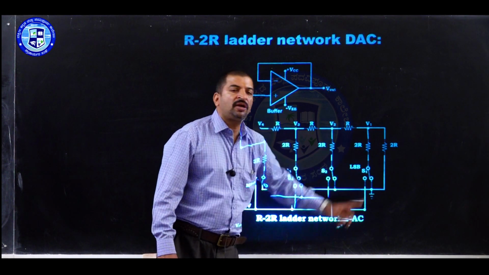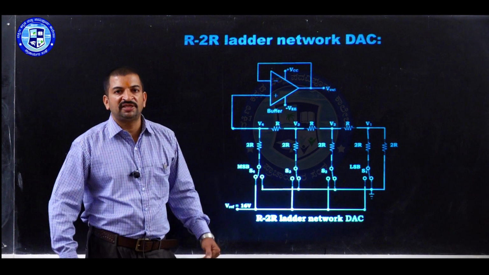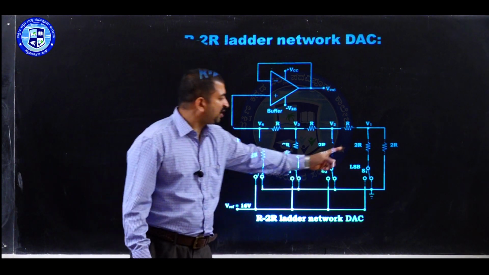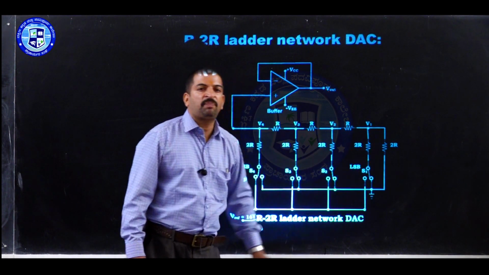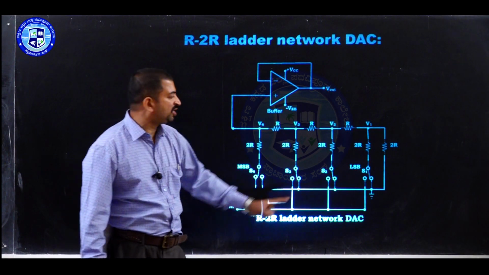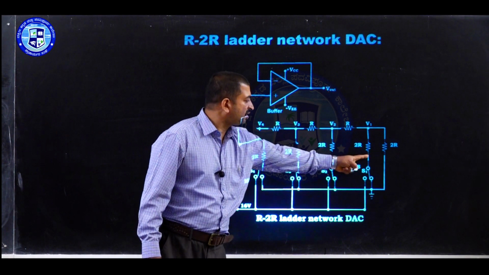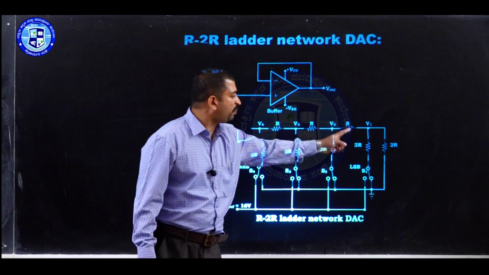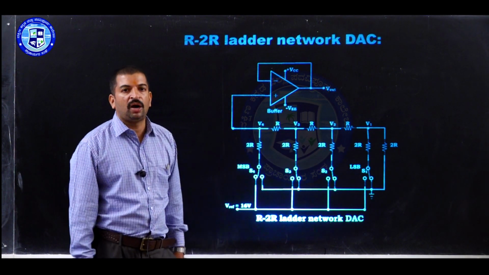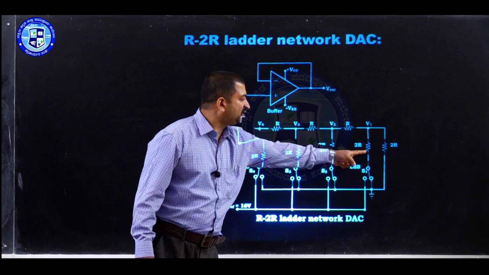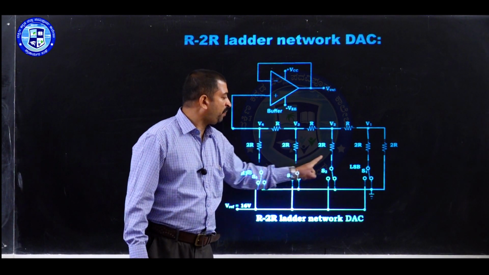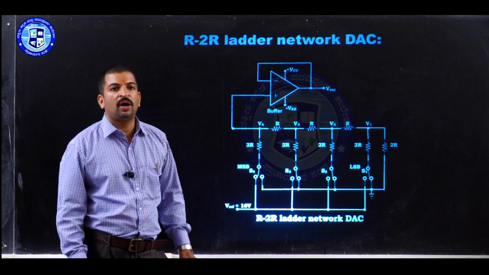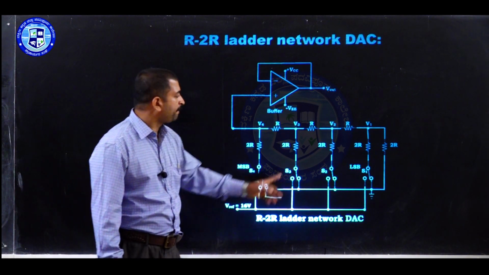Therefore, 2R parallel 2R is equal to resistance R. Now these two resistors can be replaced by a single resistance R. Now this resistance R is connected in series with another resistor R, so R plus R is equal to 2R. And then this 2R resistance is connected in parallel with one more 2R resistor. 2R parallel 2R is equal to R.